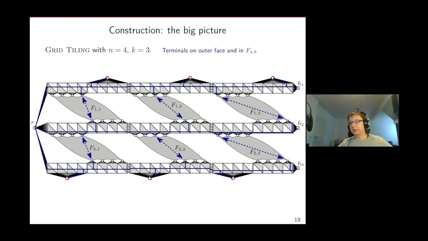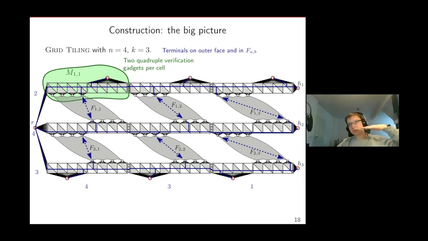Well, if I take the first cell of my grid tiling, it would correspond to this part of the construction. So basically, the height of the blue line will correspond to the first coordinate of the chosen pair, and I will extract the second coordinate of the chosen pair vertically using the verification gadget.